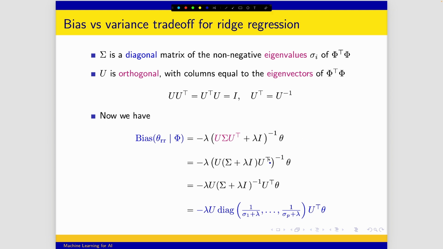So first we start with U transpose inverse. But U transpose is actually the inverse of U, right? So we've got the inverse of the inverse, which is U. So that's the first term. Then we've got the inverse of this, that's the second term. And then we've got the inverse of this, but we know that this is U transpose, and so we get this here. So these are the three terms. That's how we get from here to here.